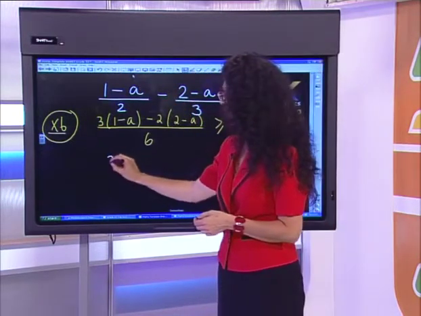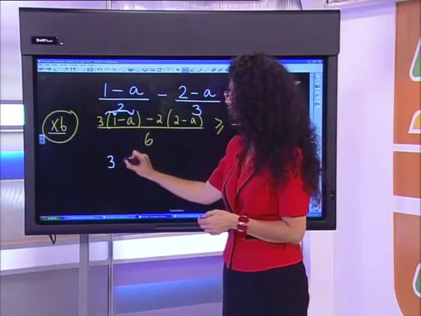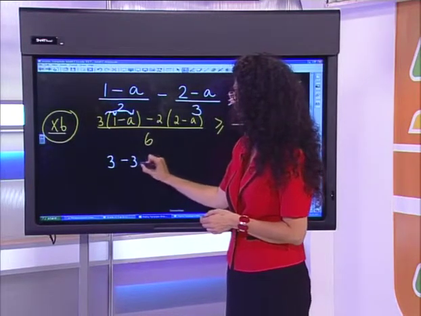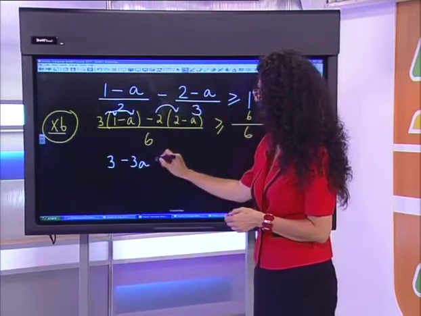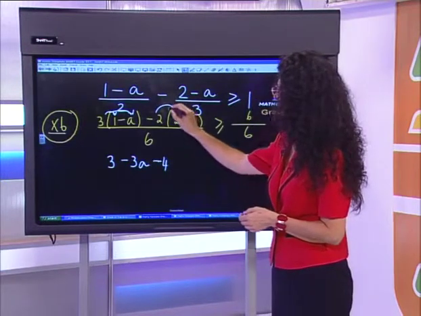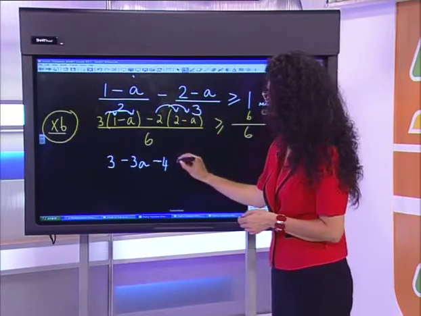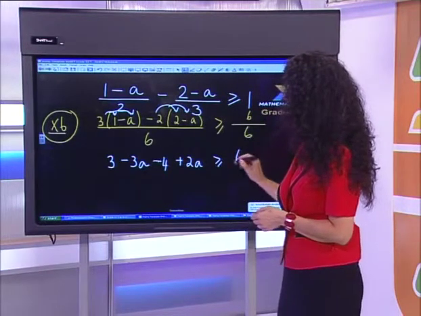We're left with 3. Don't forget that it's a binomial, so each term gets multiplied by the 3. And then we're going to multiply by -2. So we get a -4, and we're multiplying by -A, so it's a positive 2A, and all that must be greater than or equal to 6.